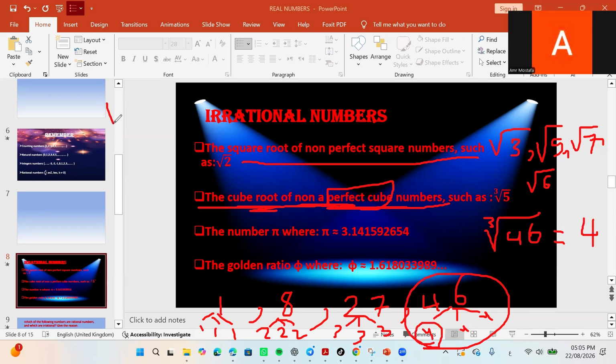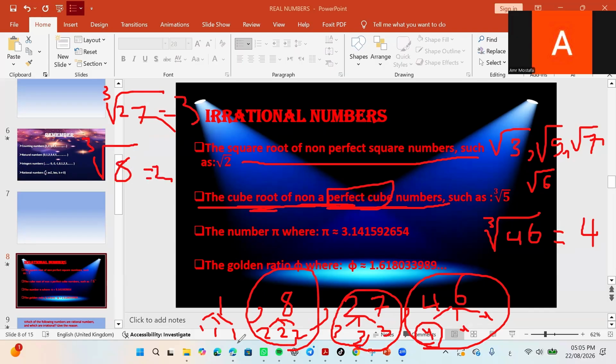The cube root of 27 equals 3. The cube root of 8 equals 2. The cube root of 1 is 1.